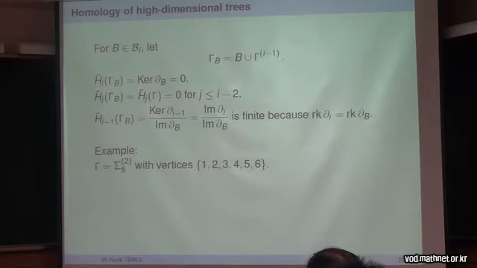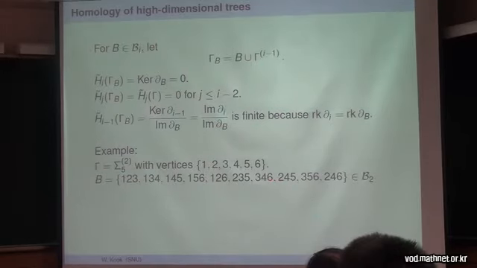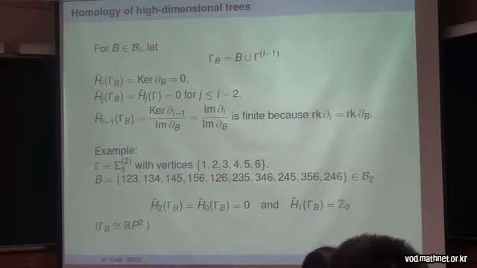And in this complex, we can pick these 10 triangles. And it turns out that this collection of triangles satisfies the definition of the high-dimensional tree. So the top dimensional homology and all the lower dimensional homology will be 0, but the middle dimension turns out to be Z mod 2. But that is okay because we already know that that could happen.